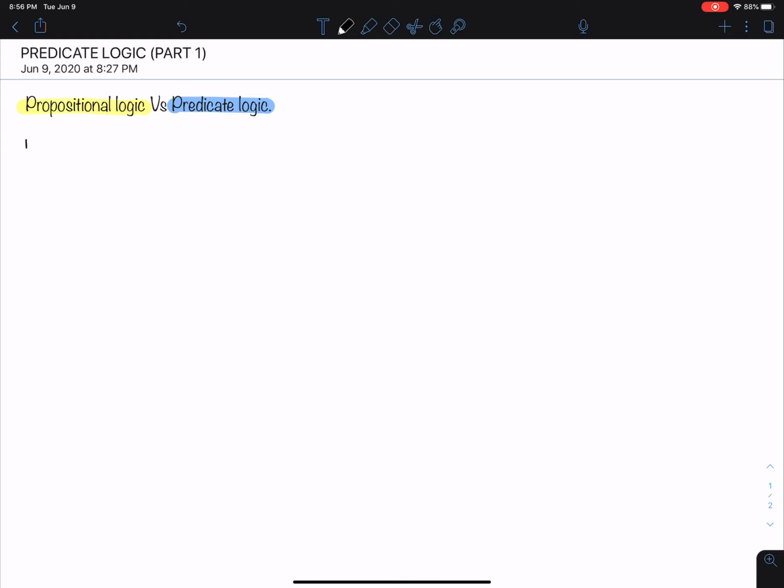First, for your information, both propositional logic and predicate logic are formal systems to represent knowledge.